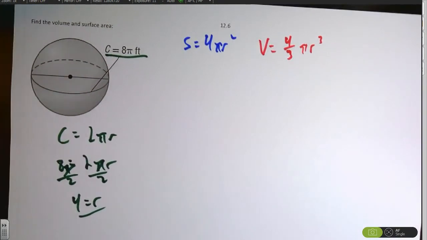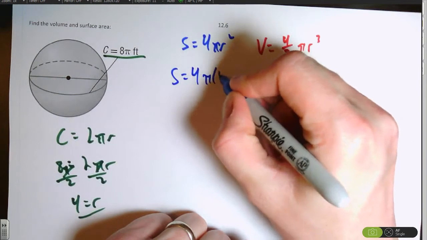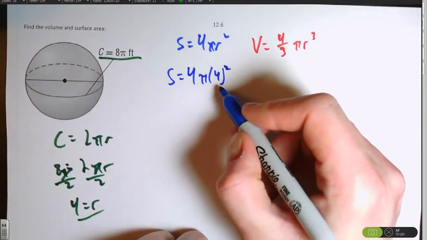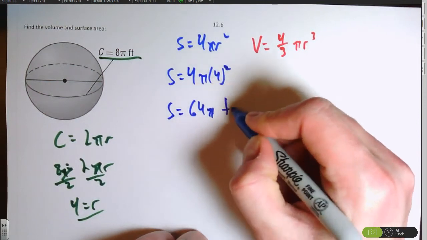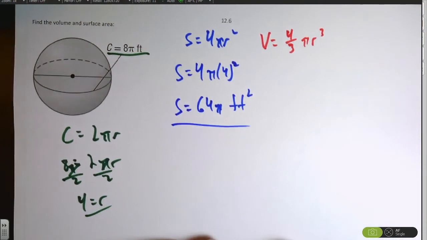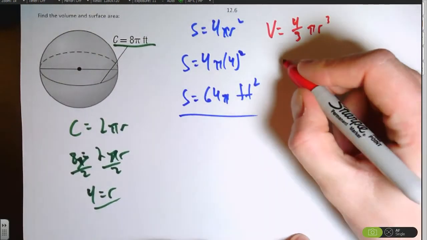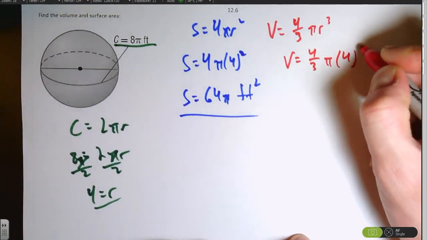So the surface area, 4 pi times 4 squared. 4 squared is 16. 16 times 4 is 64 pi feet squared. Okay. Volume is 4/3 pi times 4 cubed.